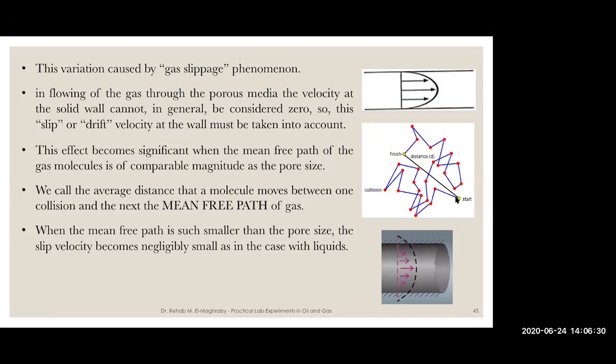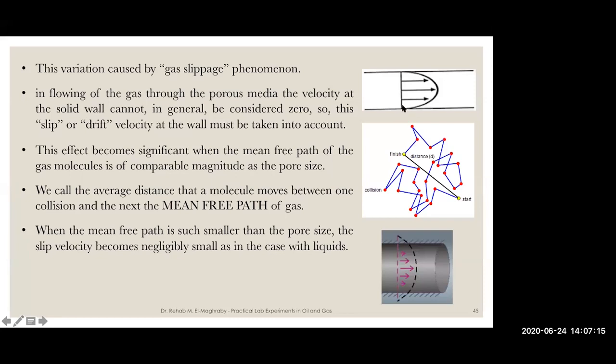So the phenomenon that we find in the gas is that the distance the molecule moves between one collision and the other, this distance, is the free path or mean free path. The length of this mean free path is higher than the radius of the pore, or the pore space available.